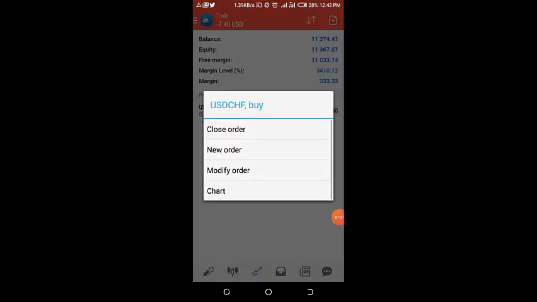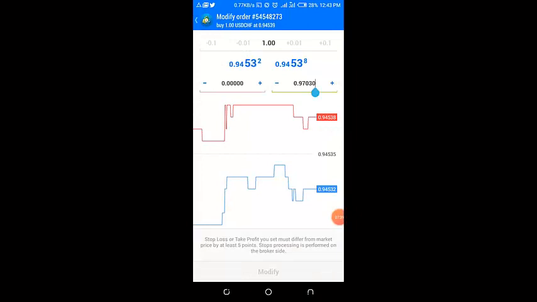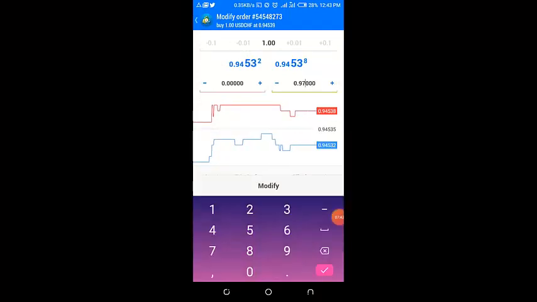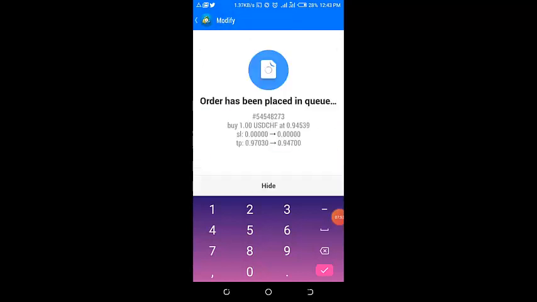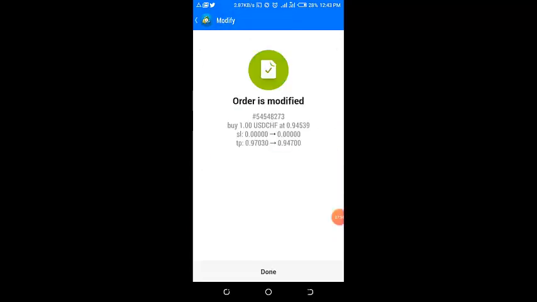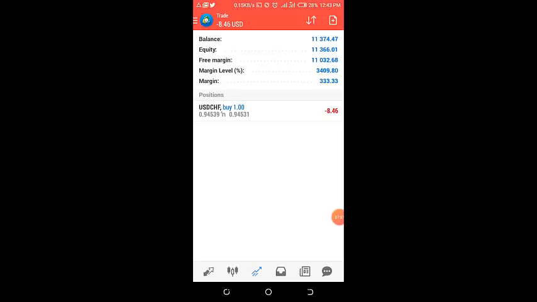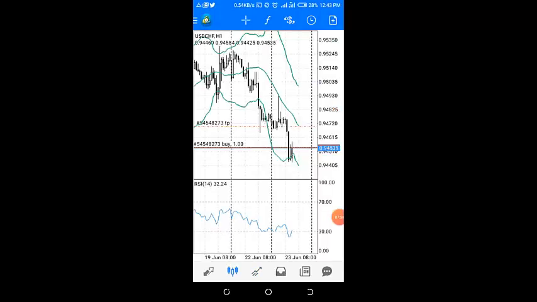So take profit, modify the chart, take profit 0.947. That one, it's a good one. We say modify. If you modify, the order has been modified. If you go back to your chart, you will realize that there is a line that has been set, take profit. So we expect that this candle will go up to that point, and that's how you analyze the first trade if you want to buy it.